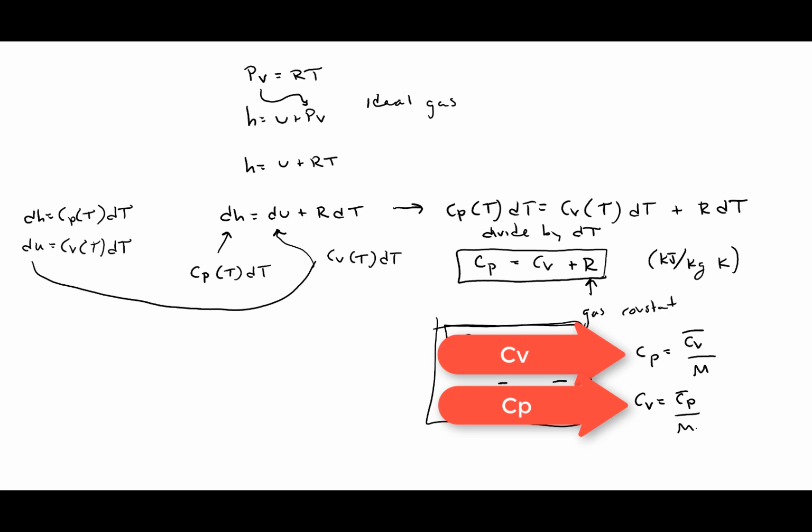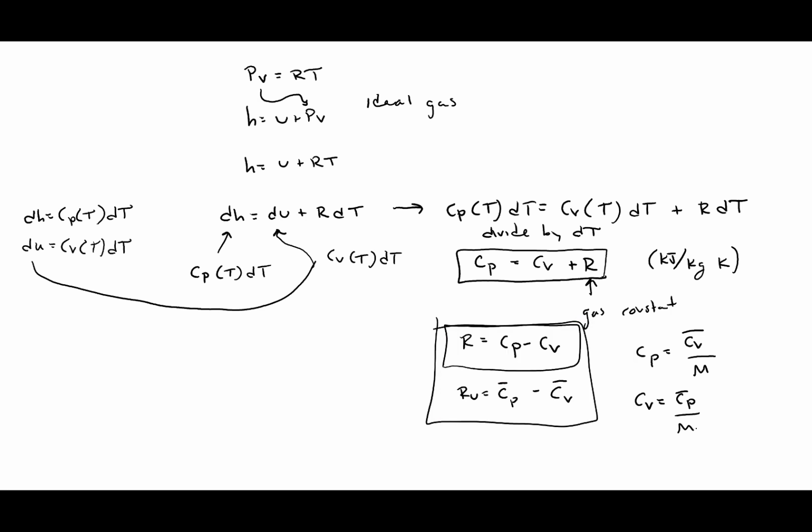So these are some relations we can use to get either C sub P or C sub V from one or the other, and also on a molar basis.